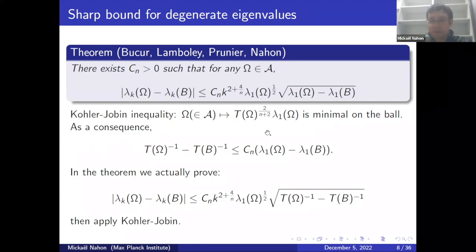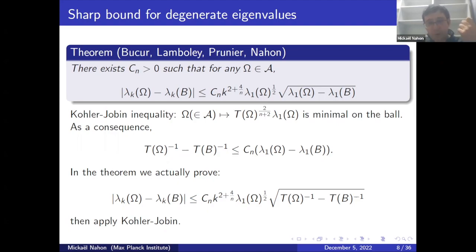As a consequence, the deviation of torsion is bounded by the deviation of lambda 1. So what we prove is actually that the difference of lambda k is bounded by the deviation of the torsion. Then we apply this inequality and we get this one. And this inequality is sharp when you have an eigenvalue lambda k that is degenerate.